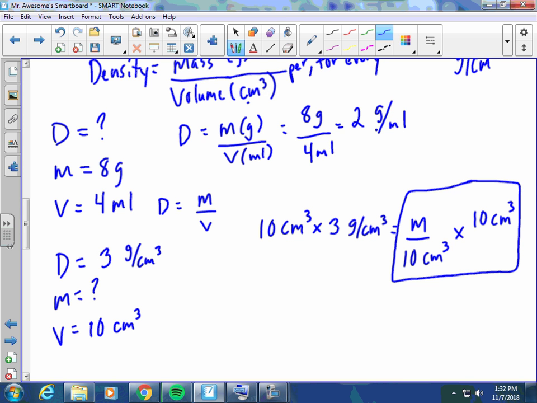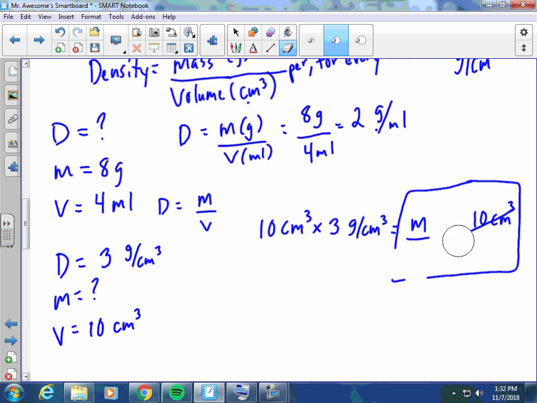Now what that allows me to do is, when you take the mass and multiply it by 10 cubic centimeters and also divide it by 10 cubic centimeters, you're canceling that out. So you could draw a line through it, or if you're using pencil, you can just erase it.